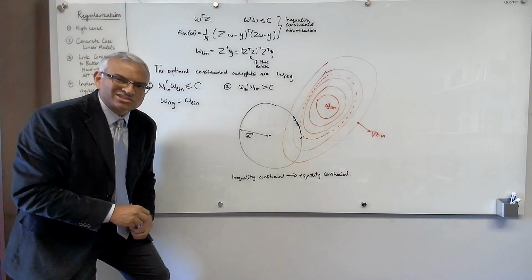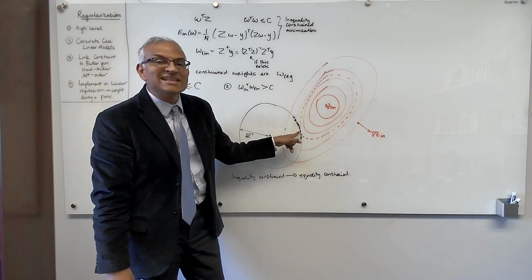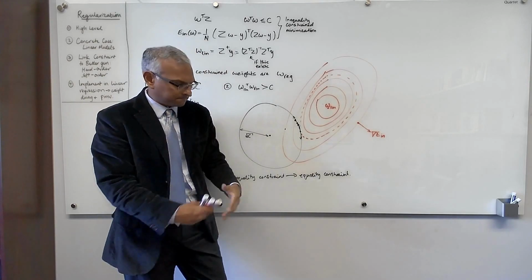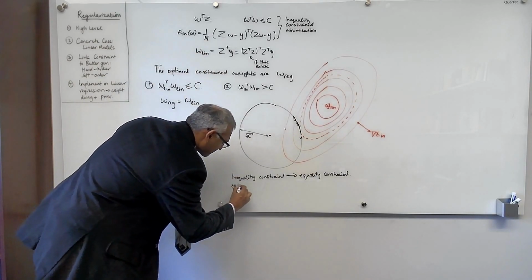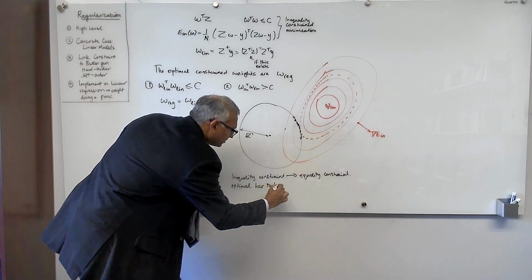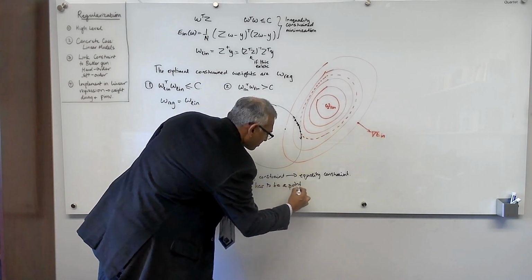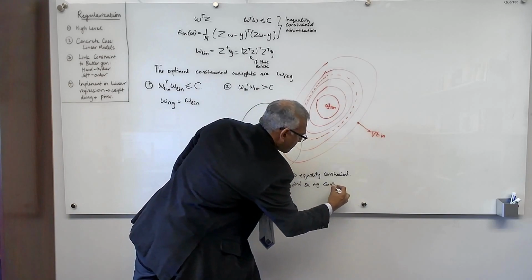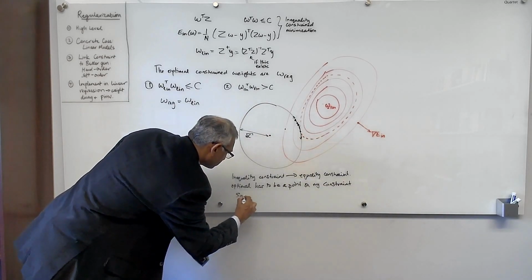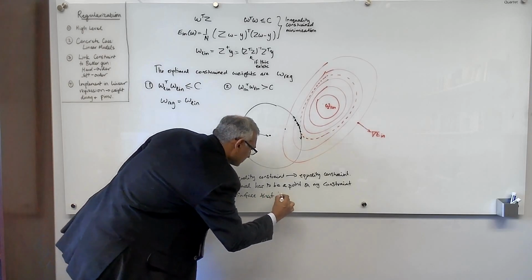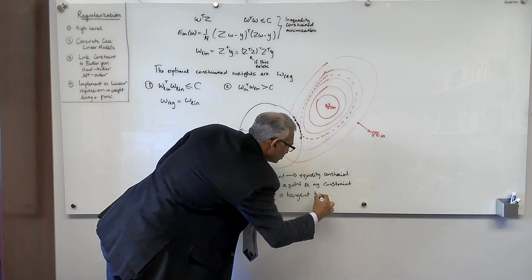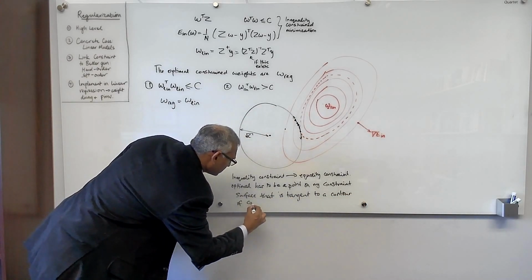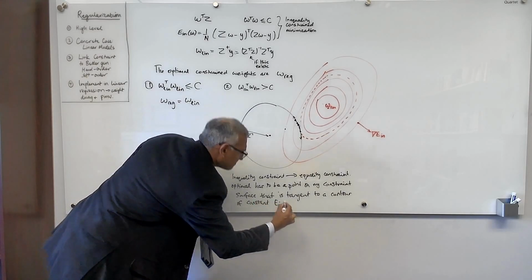So the optimal has to be a point on my constraint surface that is tangent to a contour of constant in-sample error.